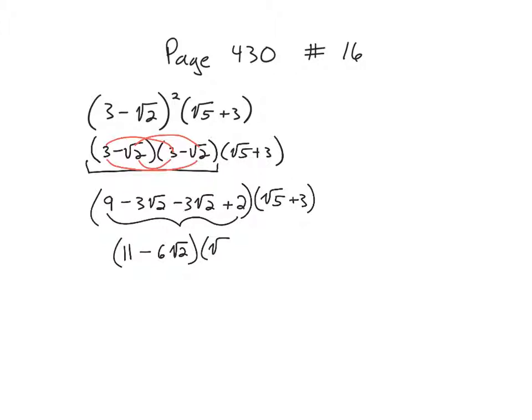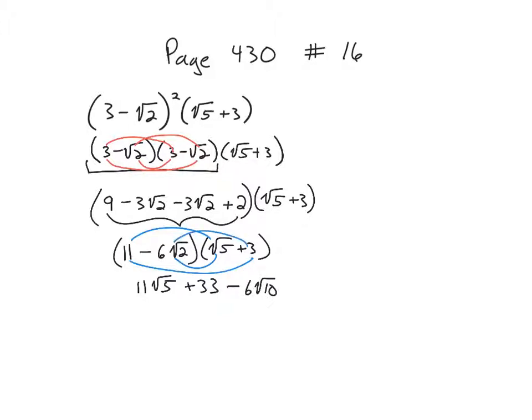And here's my other expression. And I just need to repeat the process and do FOIL again. So here's my F. It gives me 11 radical 5. Here's my O, which is plus 33. Here's my I, which is minus 6 radical 10.